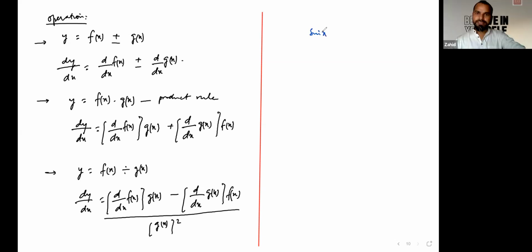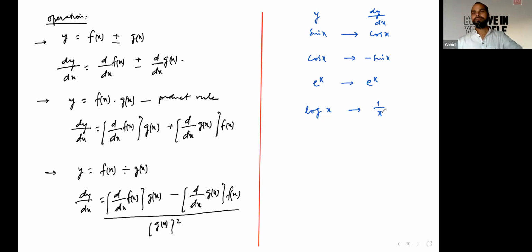If you have sin x, its differentiation would be cos x. If there is cos x, its differentiation would be minus sine. Exponential e to the power x, it would be e to the power x, and log of x, it would be 1 over x.